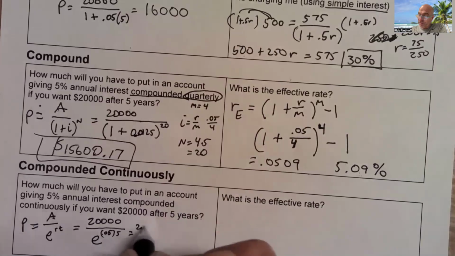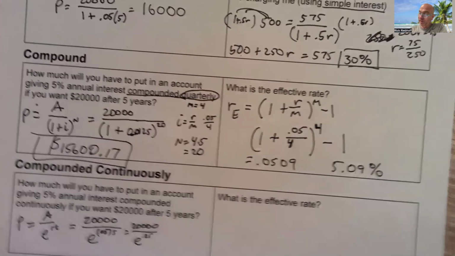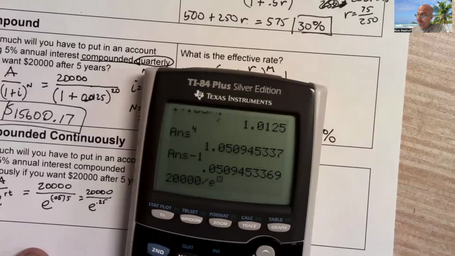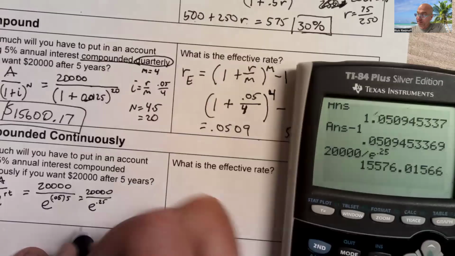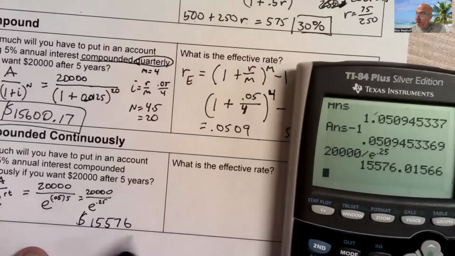So this is just 20,000 divided by E to the 0.25. Plug it right into my calculator. There we go, 15,576 and 2 cents.